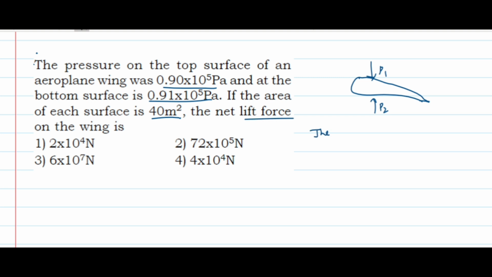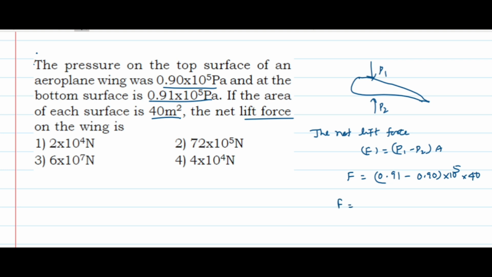The net lift force according to Bernoulli's principle, or it's an aerodynamic lift, the formula will be F equal to pressure difference P1 minus P2 into A. Force equal to pressure difference into area you can write. Therefore F equal to 0.91 minus 0.90 into 10 power 5 into area, which is given as 40 meters square, you can multiply.